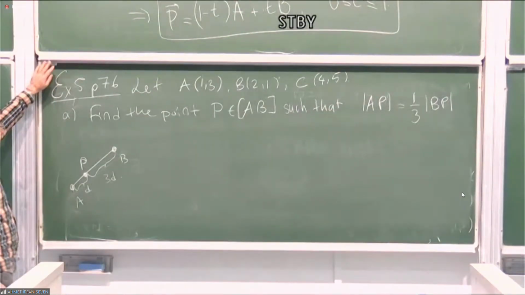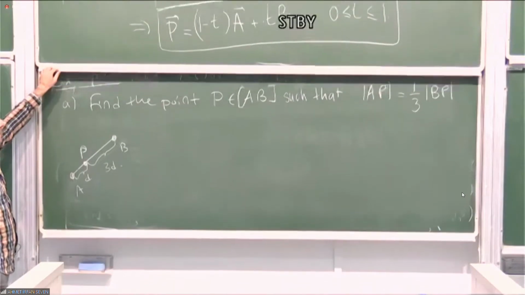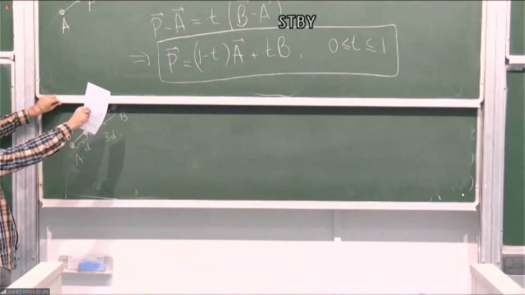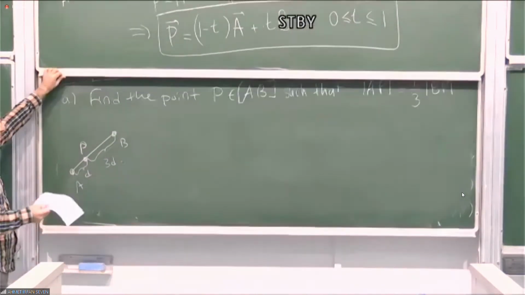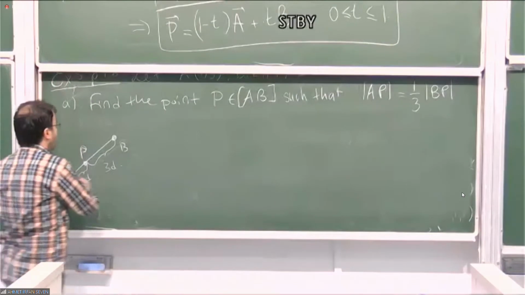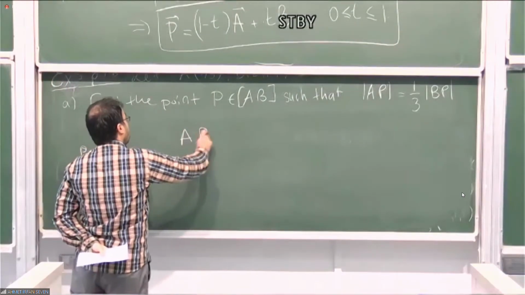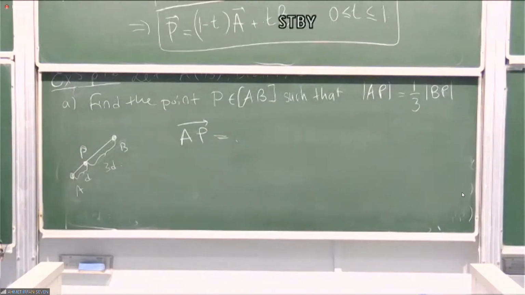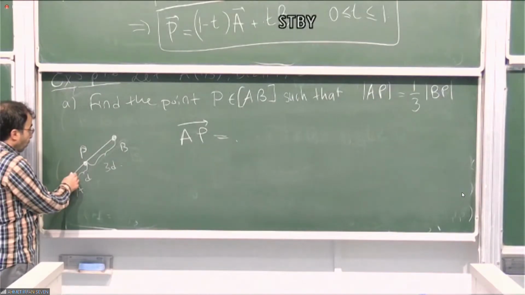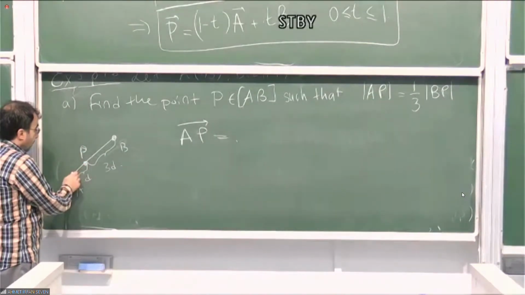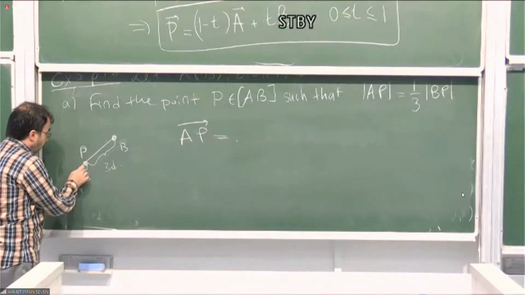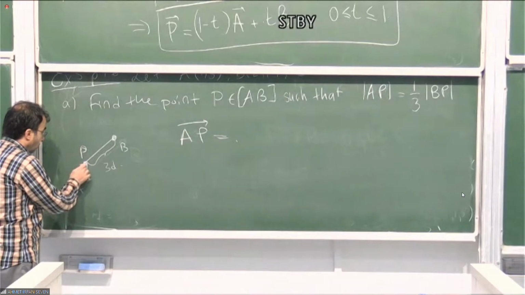Well, we can try to use this description, or we can just think in terms of what we did here. So let's consider directly in terms of vectors. So let's consider the vector AP. So it will be a vector from here to here.